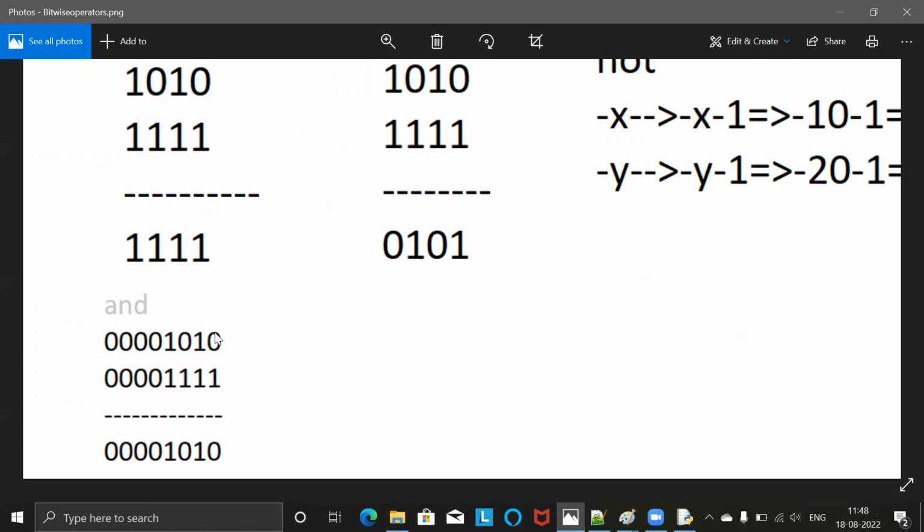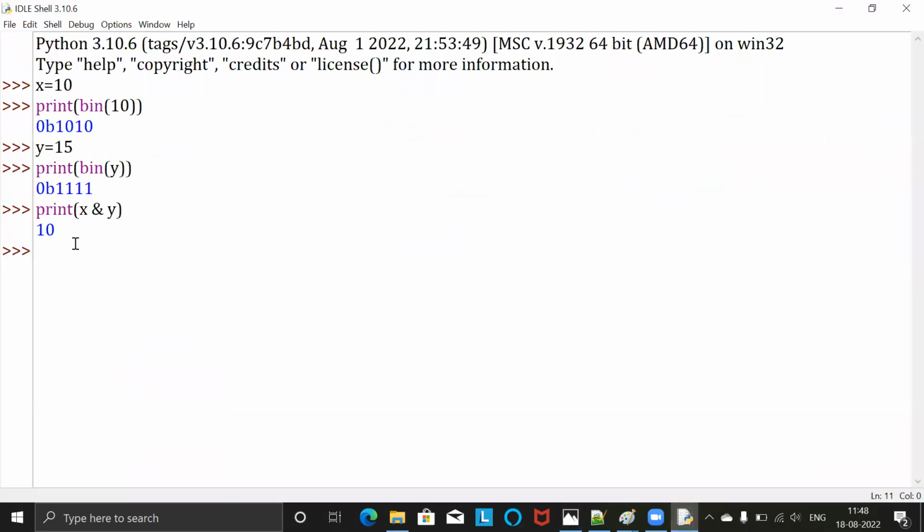In AND, if both the statements are true, then only it returns true. Where only one statement is true, it returns 0. Where both are true, it returns 1. The bits give 1, 2, 4, 8. 8 plus 2 is 10, so it returns 10.